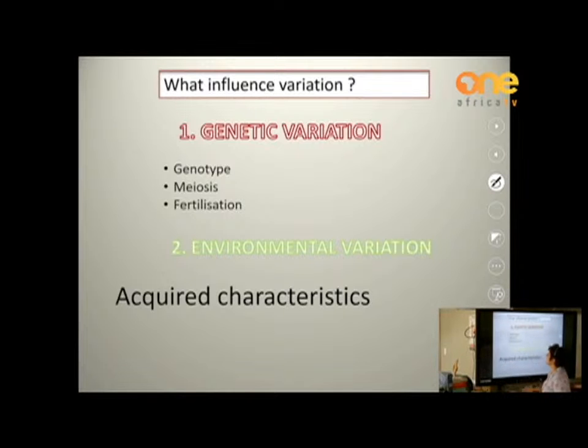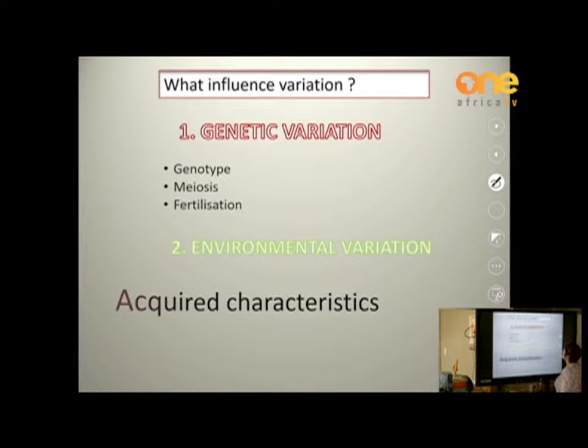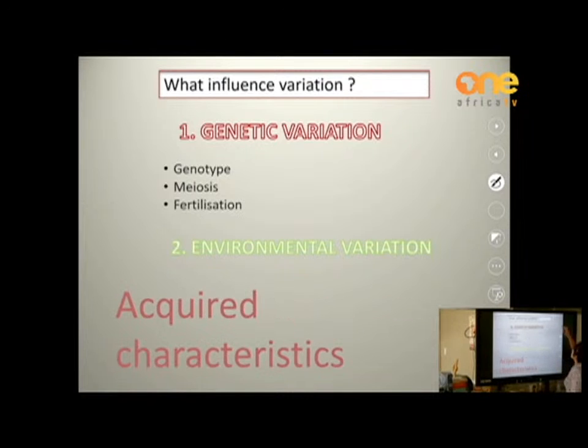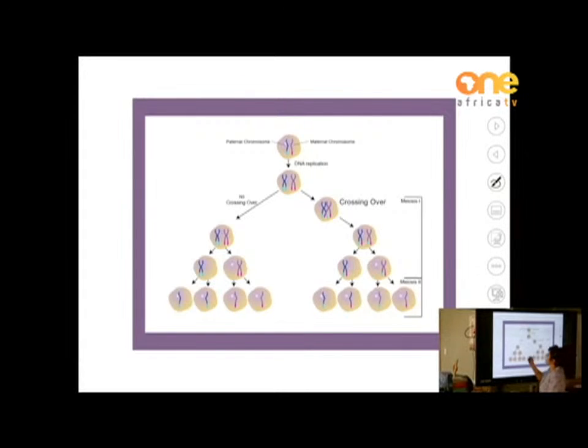It is our genetics and our environment that will influence how the variation will play out. And I want us to take us again, revision I know, but let's look at the genotype.